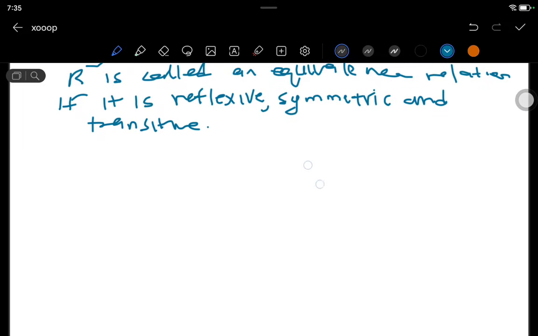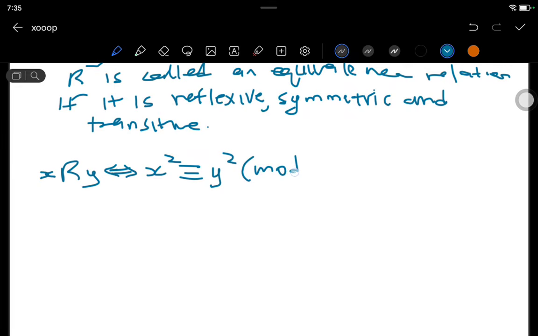Now, we're given this question. They say that x is related to y if and only if x squared is congruent to y squared mod 4.